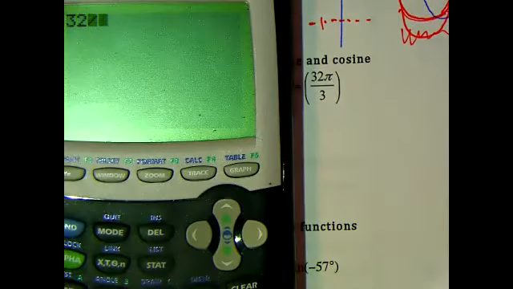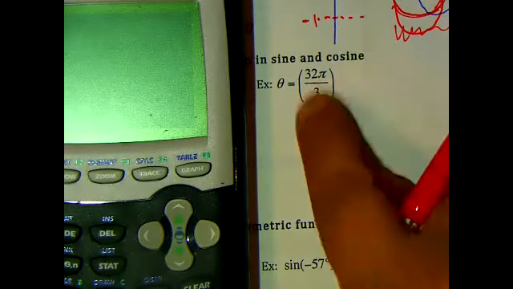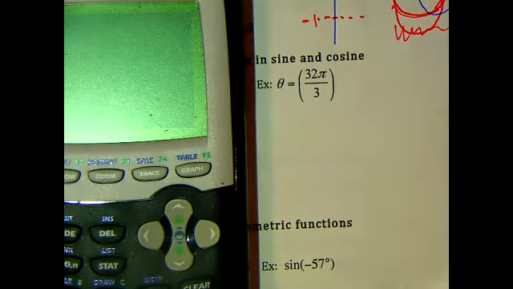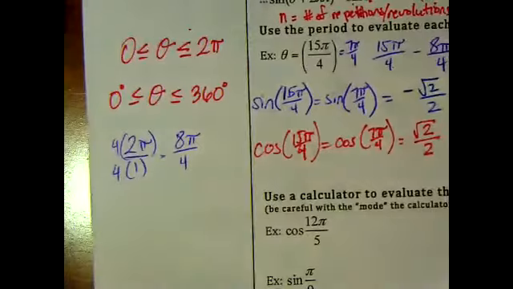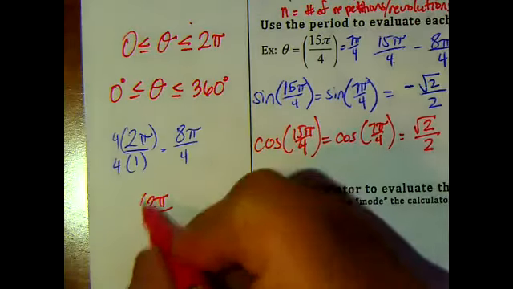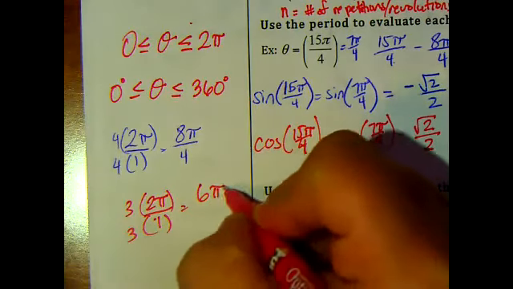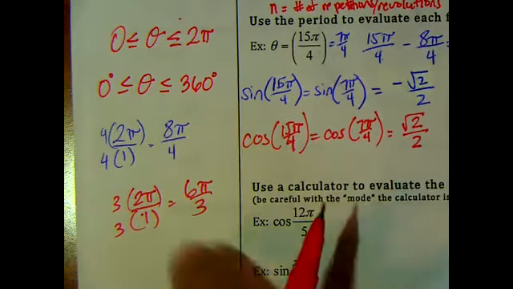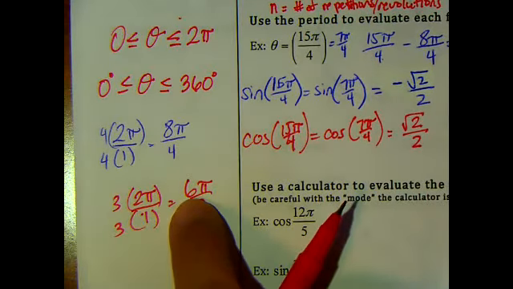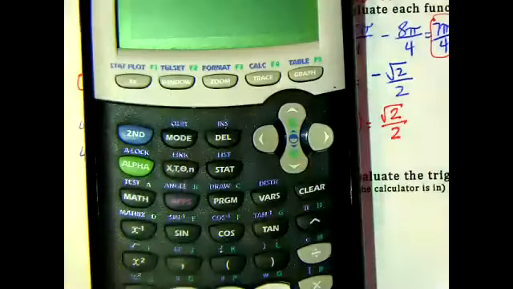Because our denominator is 3, my 2 pi, multiplied by 3 on top and bottom, is 6 pi over 3. So I want to see how many 6s are in 32, how many times I need to subtract 6.